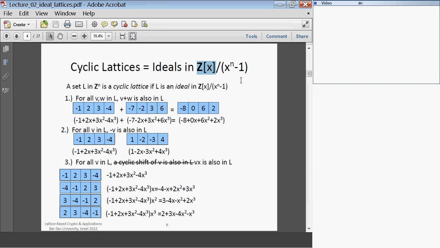In other words, any polynomial operations that we perform, we divide them by that base polynomial. So the important property is that cyclic lattices are equivalent to ideals in polynomial rings. And what it also means is that we can perform with ideals the same operations that we can do for polynomials. And polynomials are a very efficient mechanism for performing computations, and we'll discuss why.